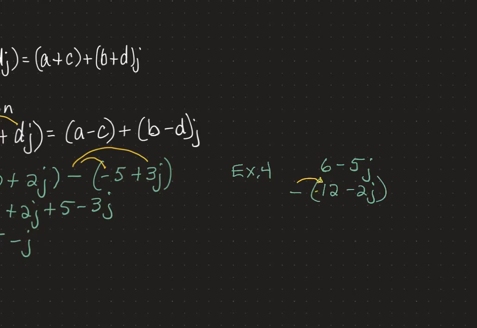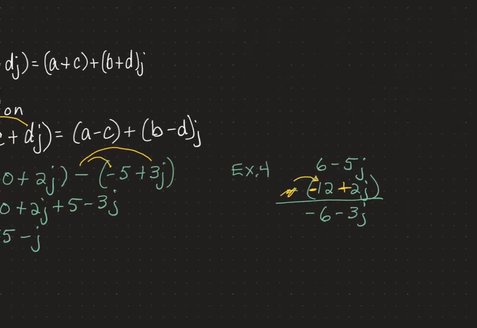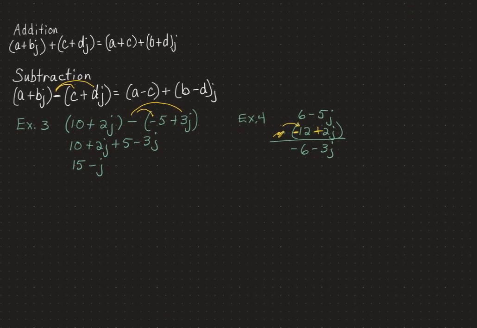So this would come in here giving us a -12, and a negative times a negative will give us a positive 2j. And now we can add as usual. We've moved the negative inside. So we have 6 minus 12, that'll give us -6, and -5 plus 2j will give us minus 3j. So we have addition and subtraction.